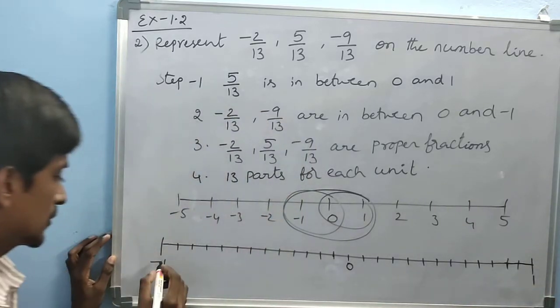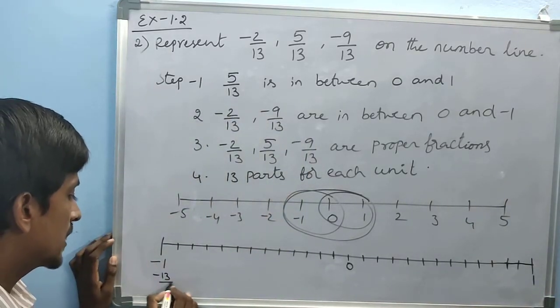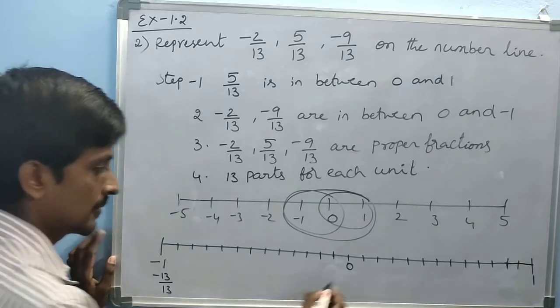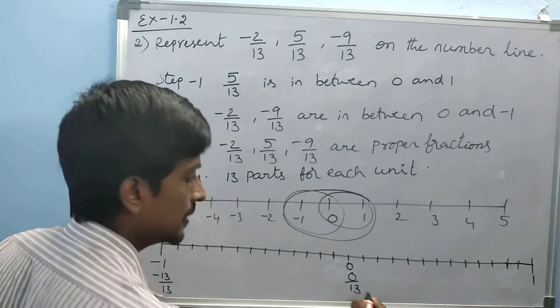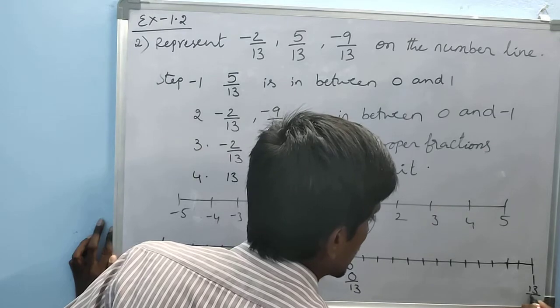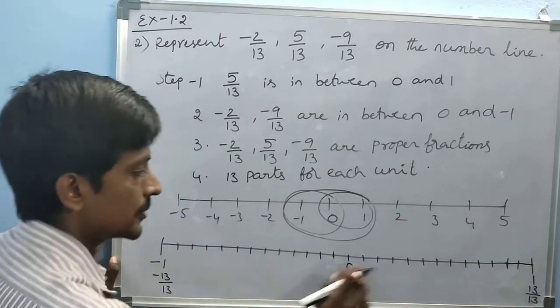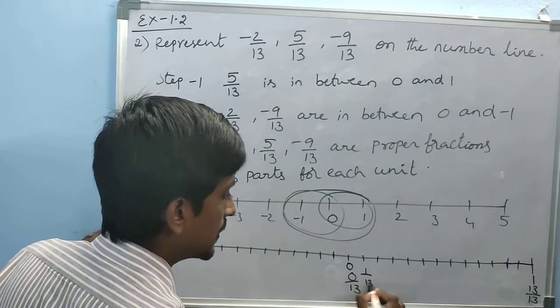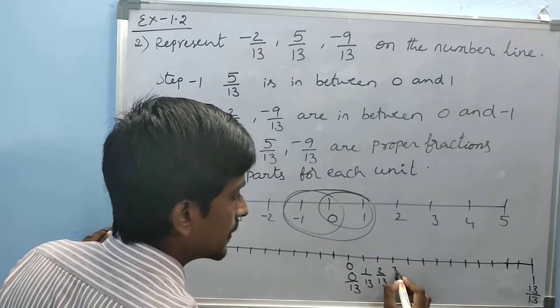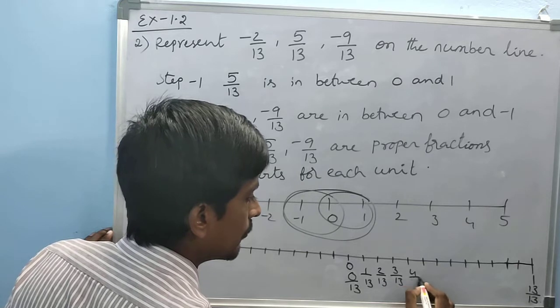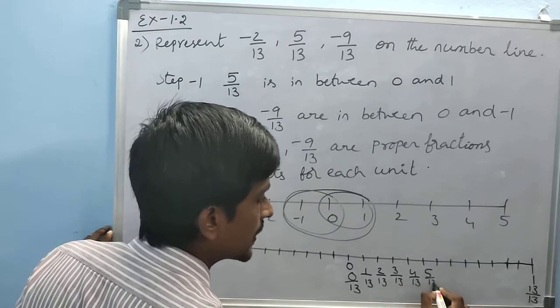So minus 13 by 13, 0 by 13, plus 13 by 13. Okay, 0, 1 by 13, 2 by 13, 3 by 13, 4 by 13, 5 by 13.